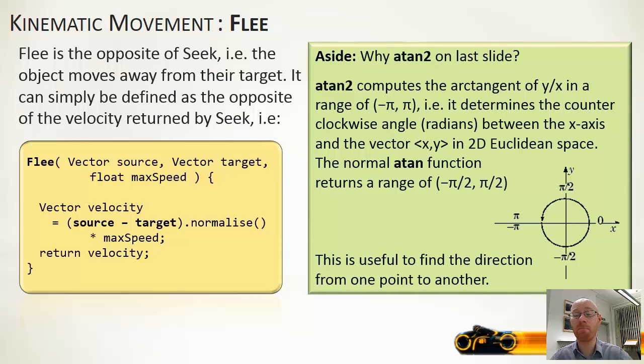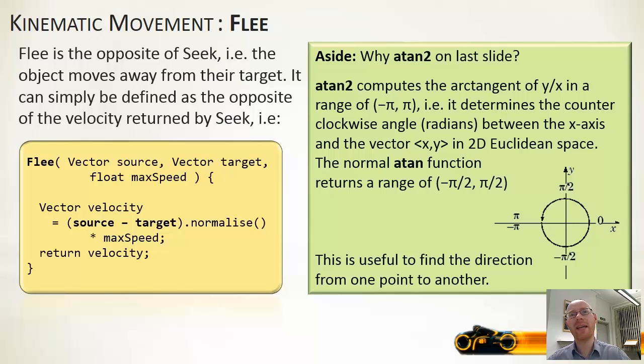That's the same as saying minus 90 to positive 90 degrees. Whereas arctan2 returns it in the range minus 180 to 180. So it's a full 360 degree orientation. So arctan2 we will be using when we want to take a direction expressed as a vector and work out what particular angle orientation that corresponds with.